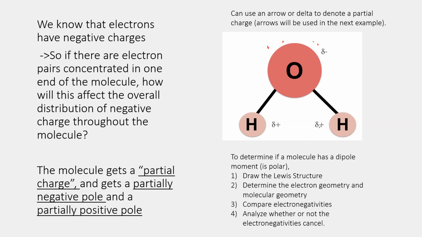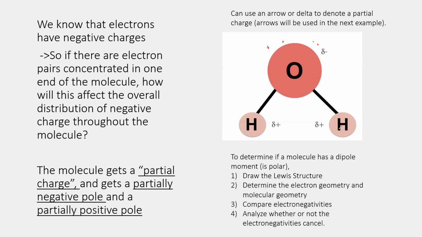this means that sometimes we call a partial positive charge or a partial negative charge poles. So we call this up here at the top a negative pole, and the bottom is a positive pole on both hydrogen atoms. So to determine if a molecule has a dipole moment, which is just another way to say the molecule is polar, you draw the Lewis structure, you determine the electron geometry and molecular geometry like we already did for water, and then you compare the electronegativities of your atoms, so oxygen versus hydrogen.